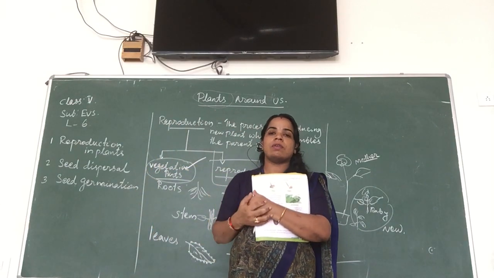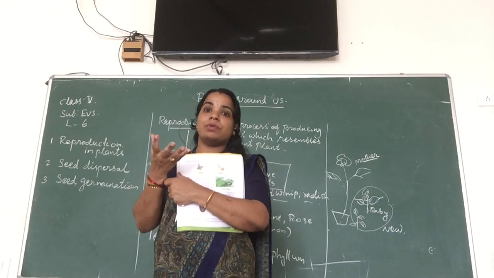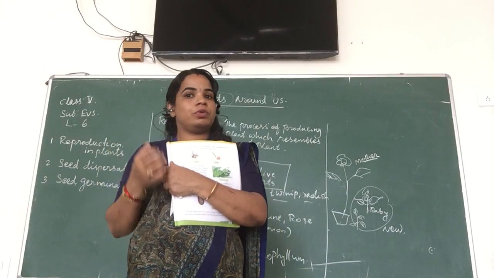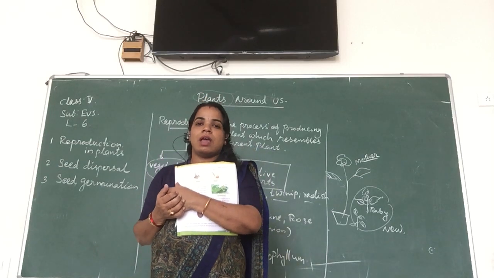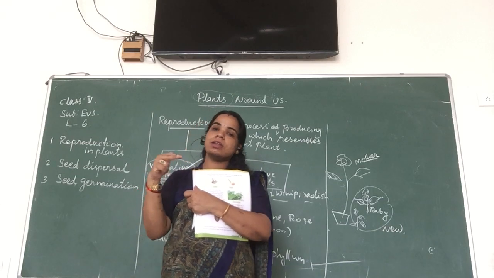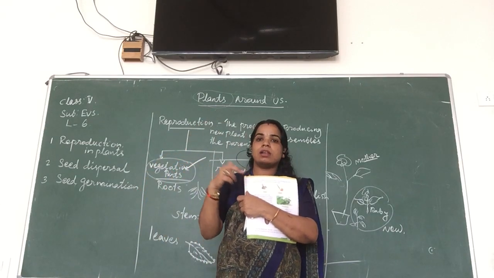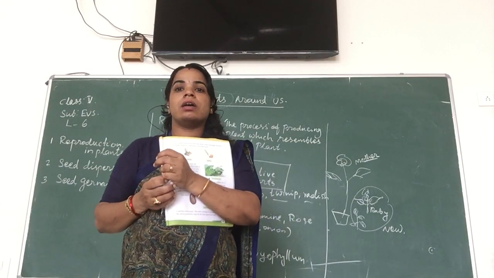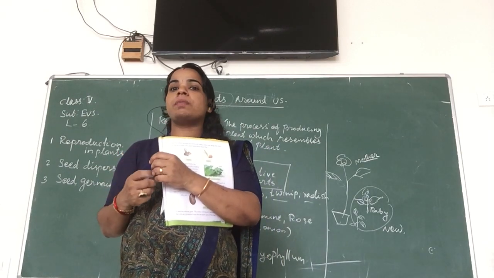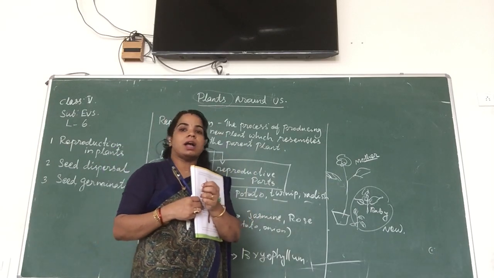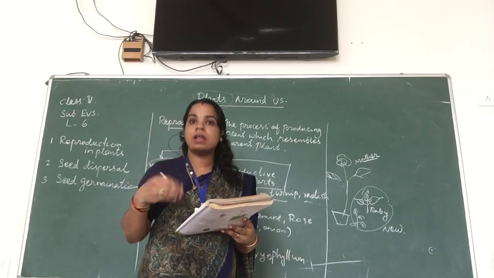Then after watering the plant daily, you get a beautiful rose plant, and after that you get the beautiful rose flower also. Same with jasmine. We cut the jasmine branch and plant it, then we get the jasmine plant. Like that, a lot of plants in our surroundings are cultivated by using the stem.